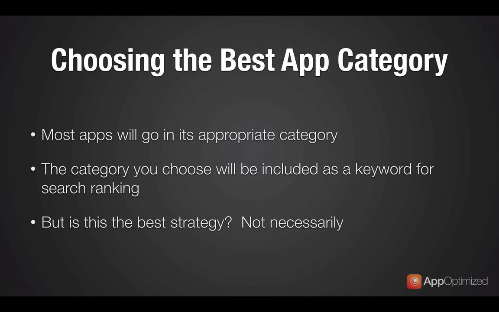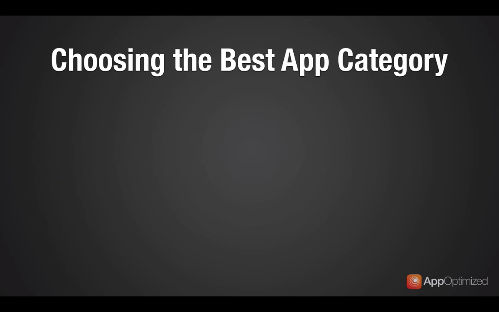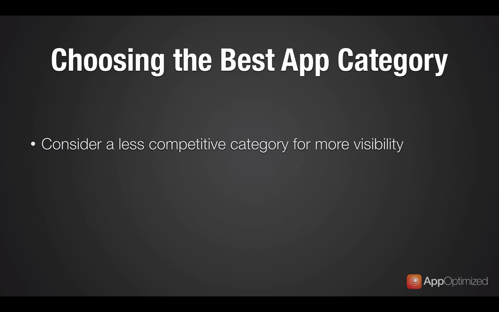So I'll go back to what I was questioning earlier: is choosing the most appropriate category the best strategy for you? And I can't fully answer that for you, and it is kind of like a business decision that you need to make for yourself. So it's not necessarily the best strategy to put it in the most appropriate category. I would suggest you consider a less competitive category for more visibility.